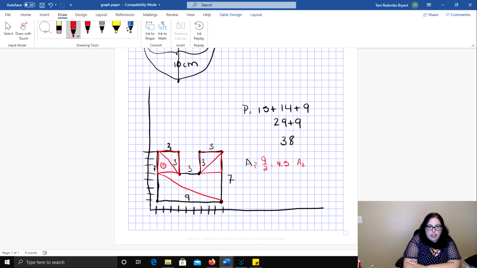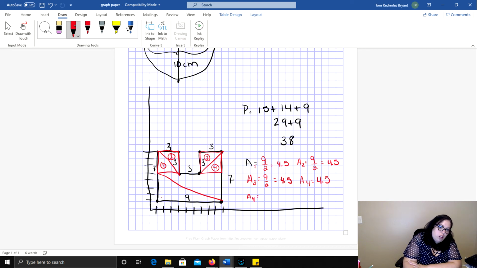The area of the second triangle here is also going to be 3 times 3, which is 9 divided by 2. So it's also going to be 4.5. Same thing with this one. It's going to be 9 divided by 2, which is 4.5. And same thing with this one. It's also going to be 4.5. Now this one is going to be 1, 2, 3, 4 by 9.